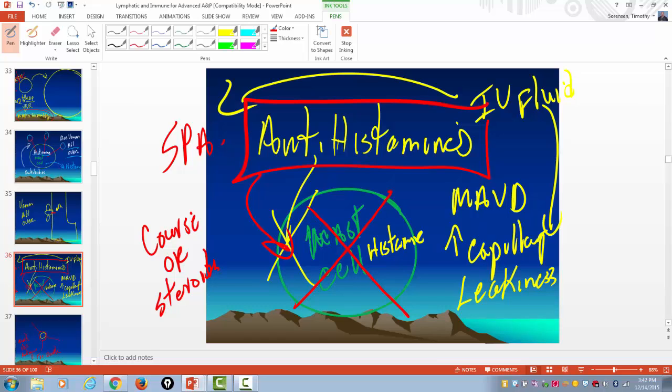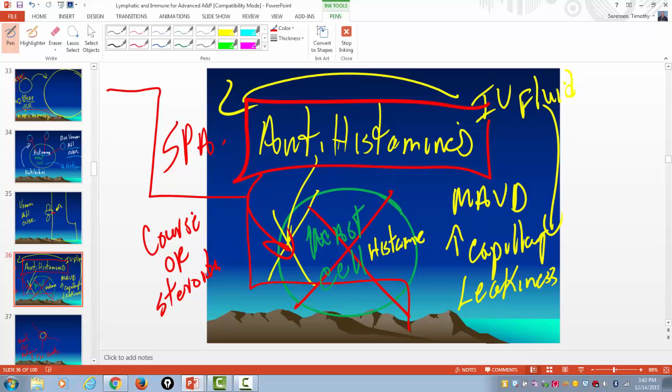And the result is that they're given these steroids to suppress that. And remember that you give them a tapered dose of steroid. You step them down. And the reason you step them down is that we produce naturally occurring steroids, cortisol, from the adrenal cortex.